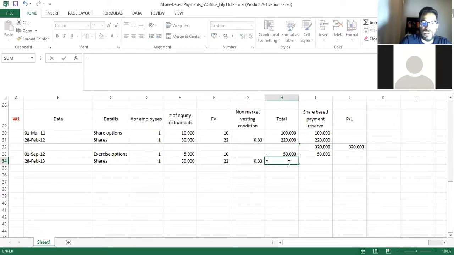So we work out one employee times 30,000 shares times 22 Rand times 0.33. I think in the previous examples I did not do this, so why is it different?